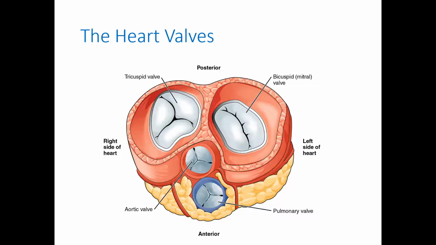It only has 2 flaps. The semilunar valves, the aortic semilunar and the pulmonary semilunar, both have 3 flaps. And they're called semilunar because each portion of the flap looks like a moon. At least that's what early anatomists thought it did. So the name stuck.